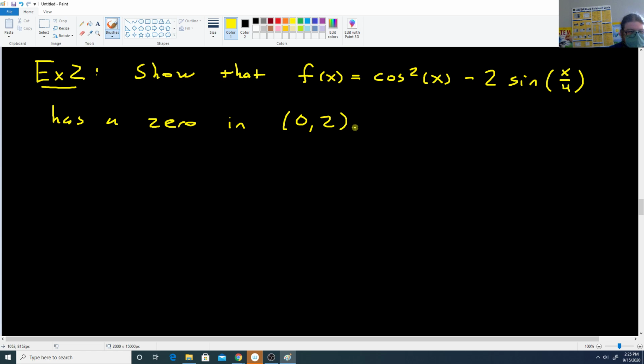And then we want to use the bisection method to locate the 0 more accurately.